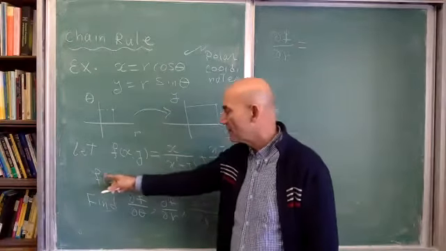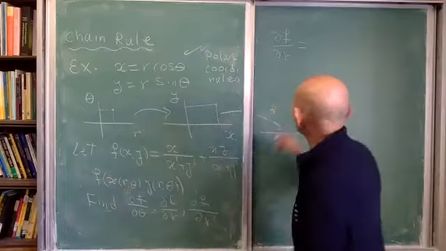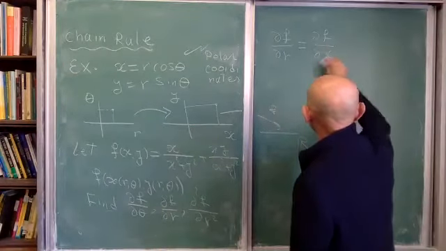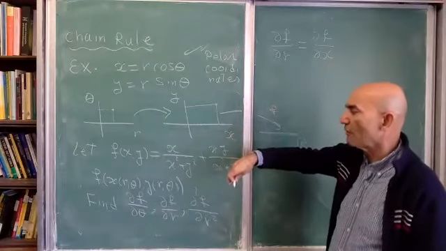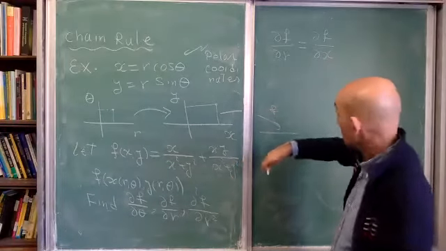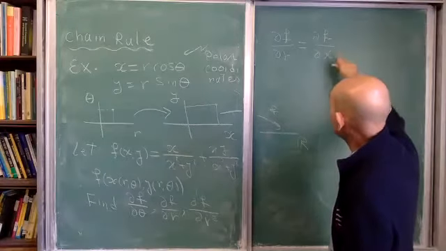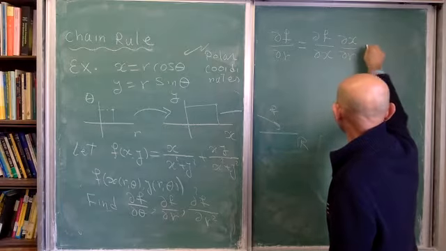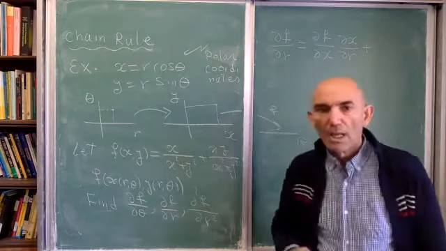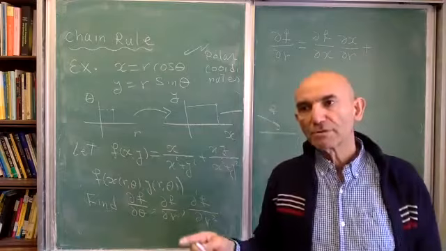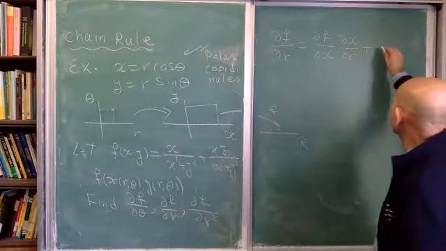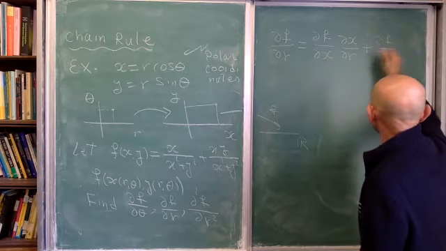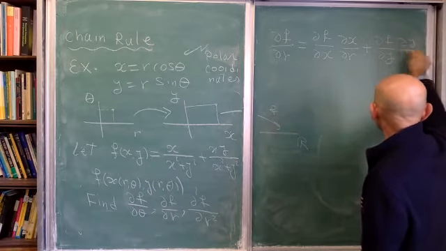You take the partial derivative of f with respect to x, times the partial derivative of x with respect to r, plus, and then we have to do the partial derivative of f with respect to y times the partial derivative of y, again with respect to r.